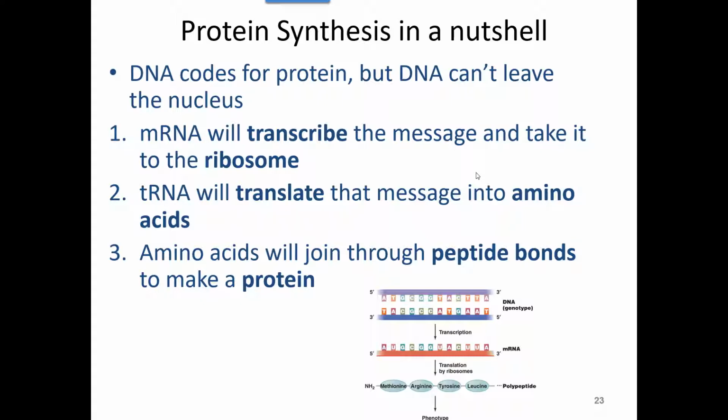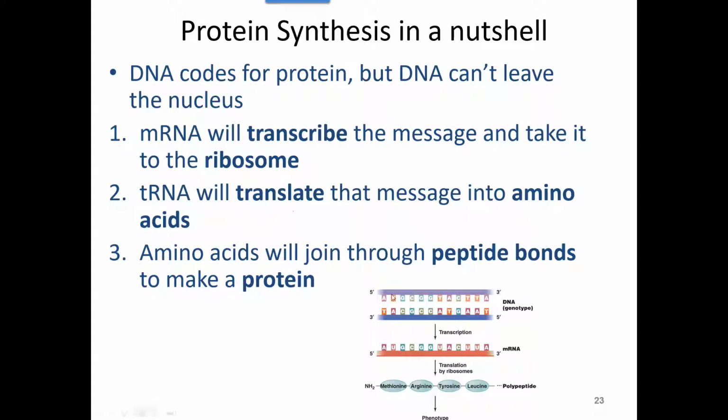And then at that ribosome, transfer RNA is going to translate that new message into amino acids. When we join all the amino acids together, we make a protein. It's so simple. But we'll get a little bit more in depth.